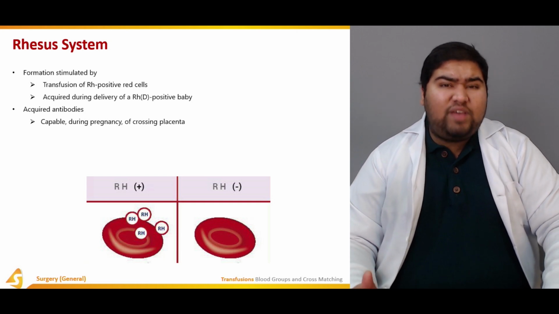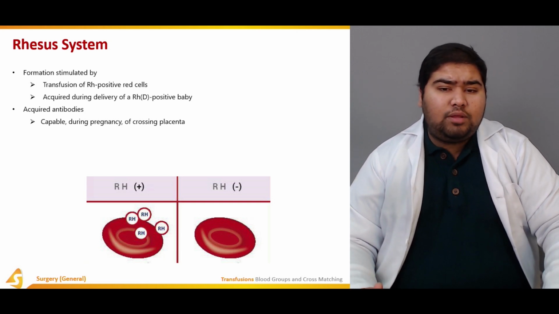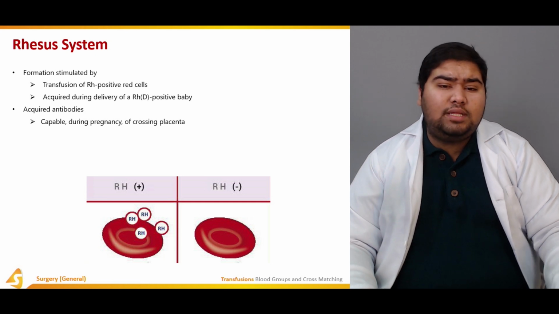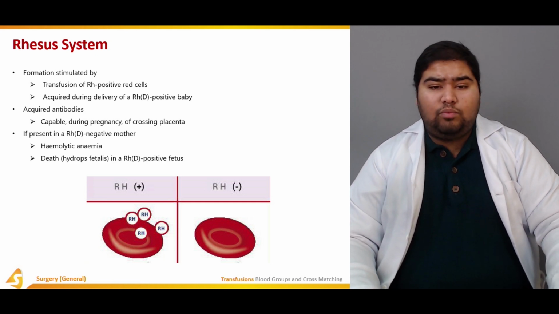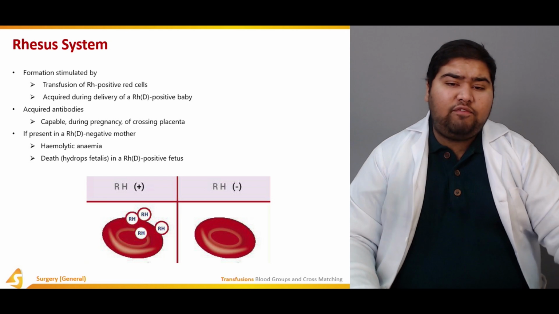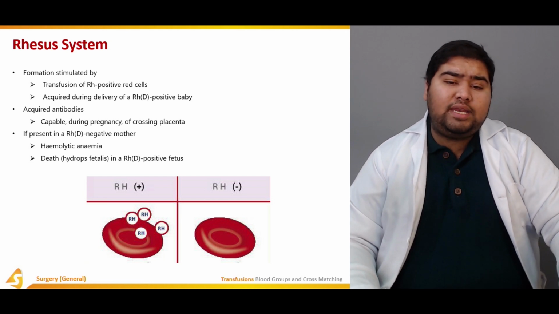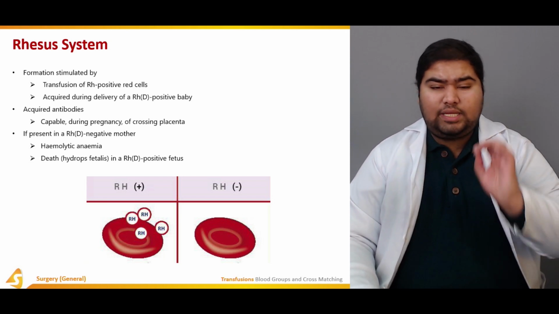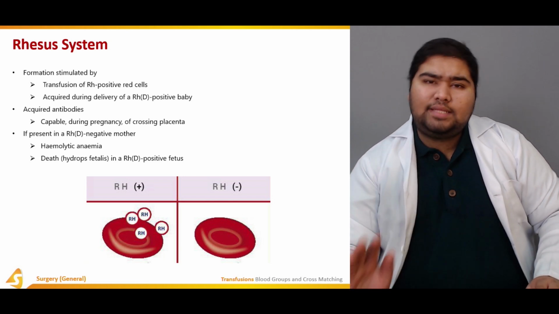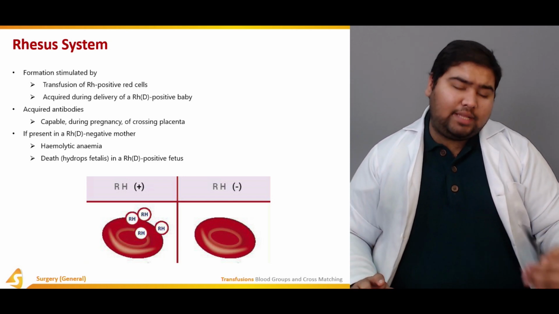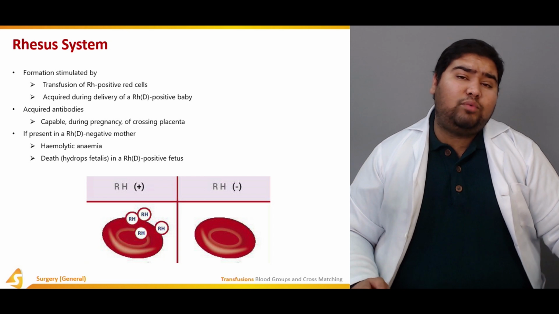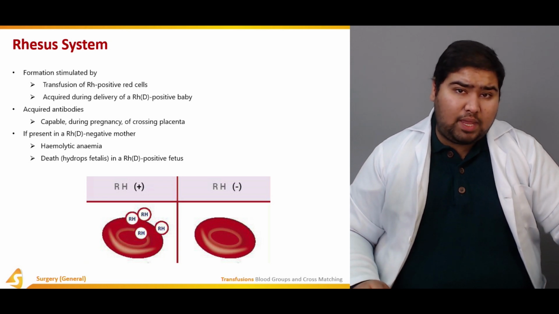They are very active, very capable during pregnancy, and they can cross the placenta as well. Now, if they are present in an Rh negative mother, so what happens now? Now that pregnancy is over, that mother is again pregnant with a Rh positive baby.